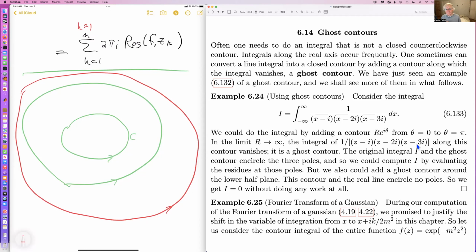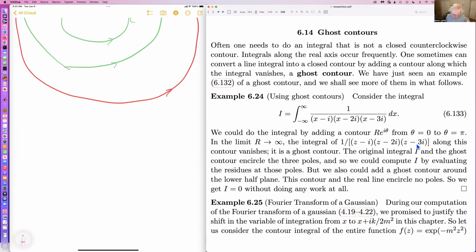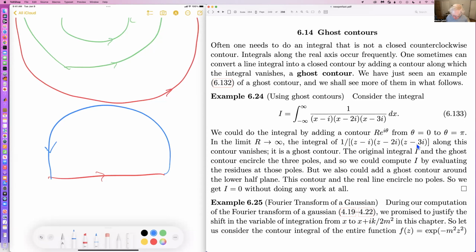What happens is, if you're integrating along the real axis, you can sometimes add another contour here, and you find out that by sending this contour out to infinity, the integral along this contour vanishes, and this is called a Gauss contour.